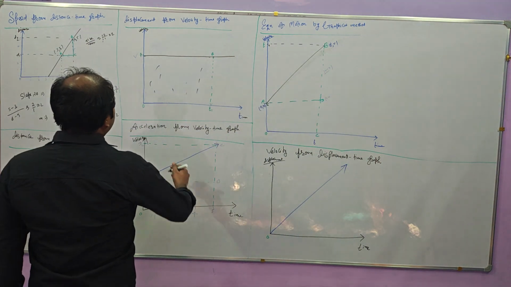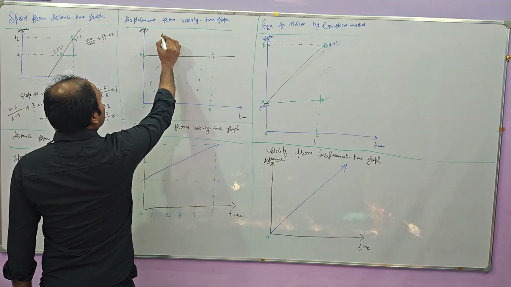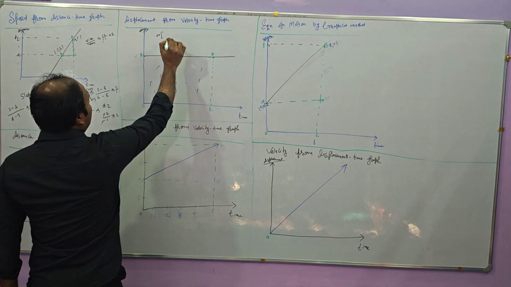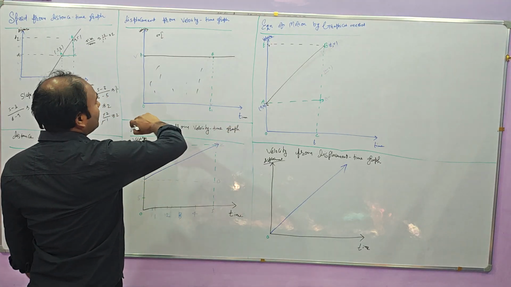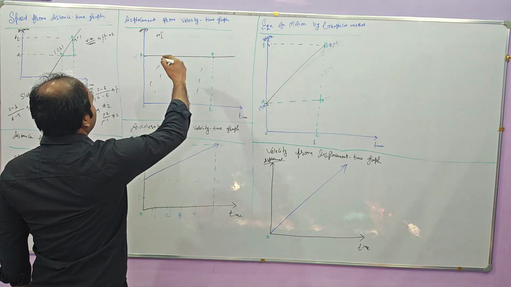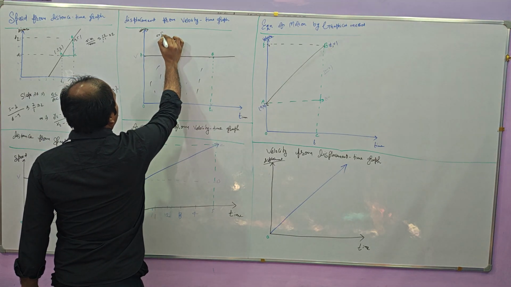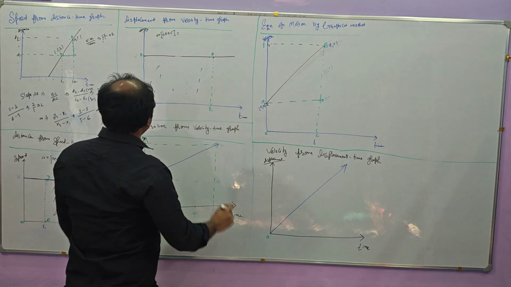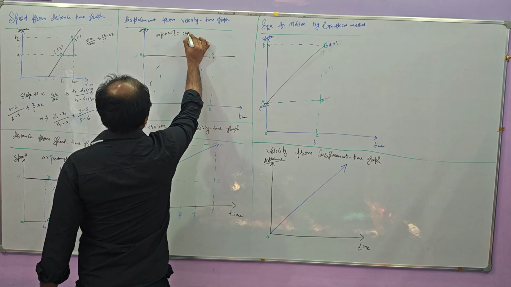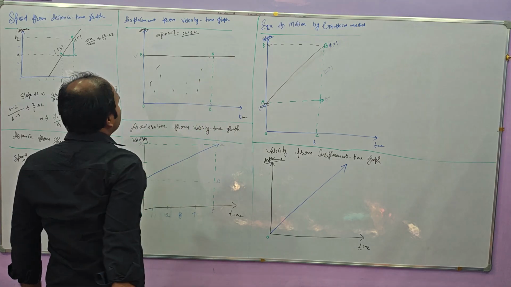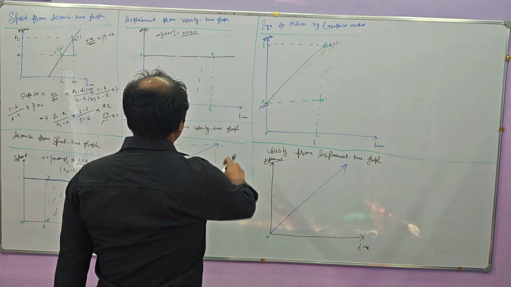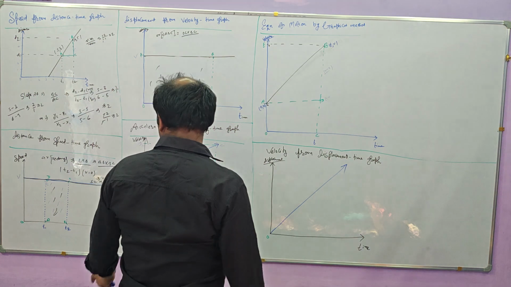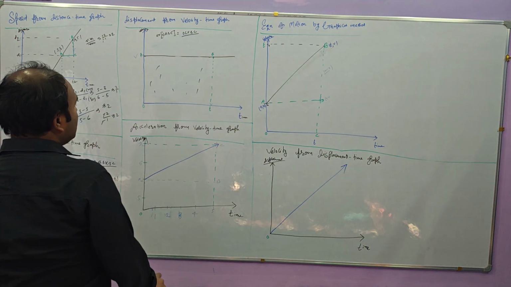So now we consider the area of this, which is basically our rectangle OABC. Area of rectangle OABC is equal to OC into BC. Suppose we have a time t.